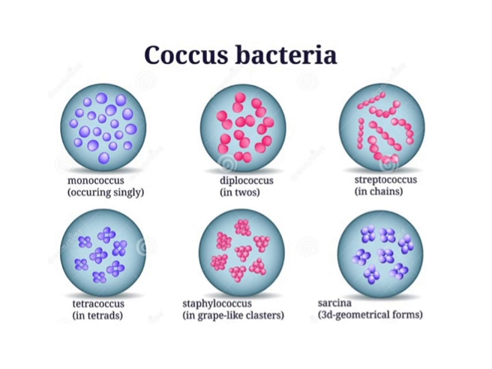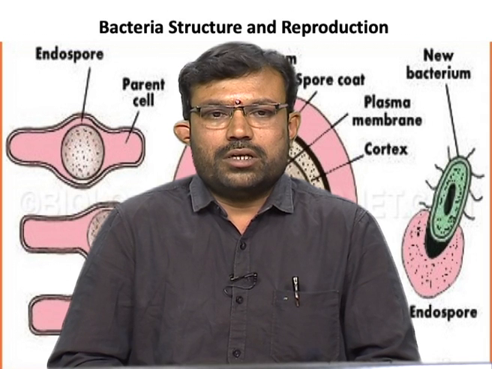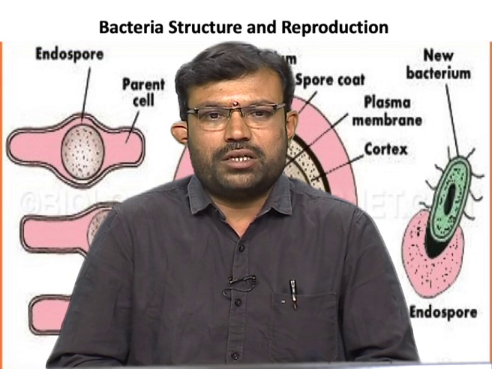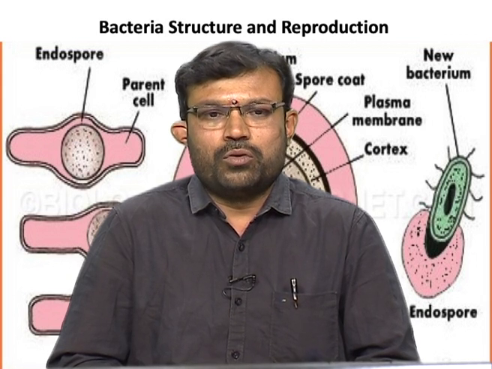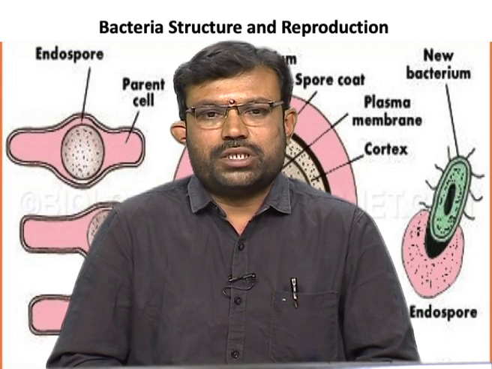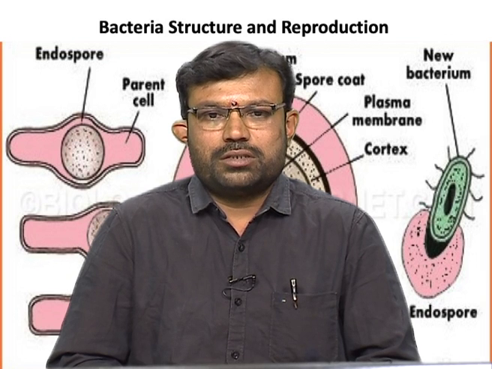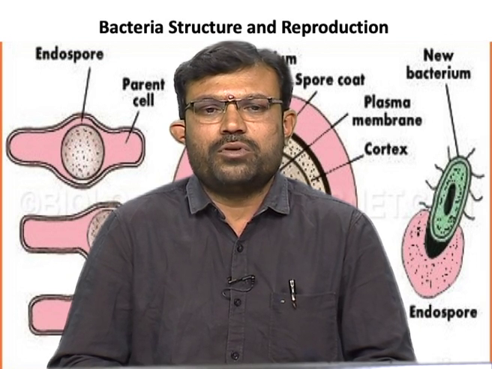First, monococcus: a single spherical shaped bacterium is called monococcus. Second, diplococcus: a pair of spherical shaped bacteria.